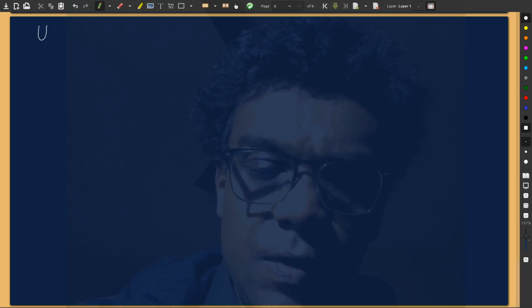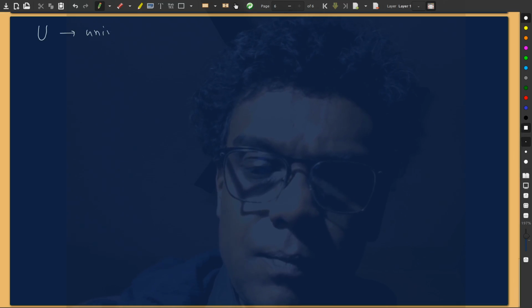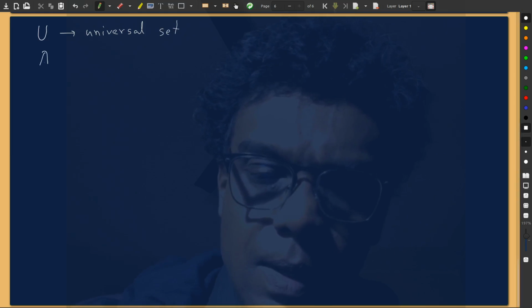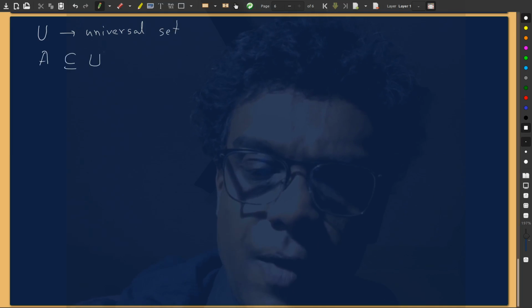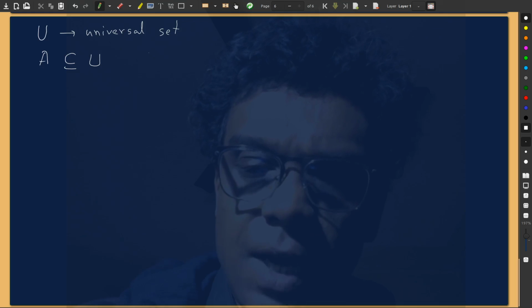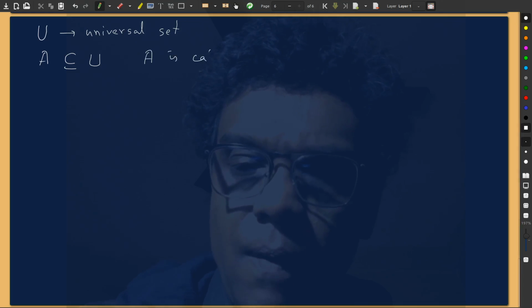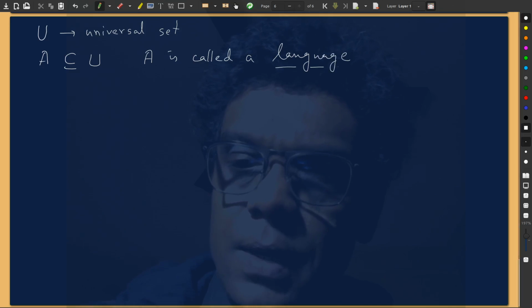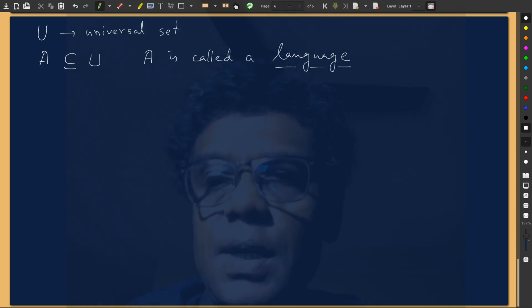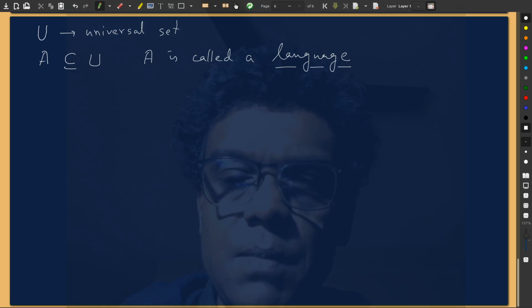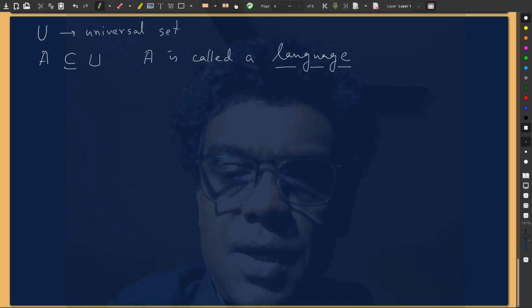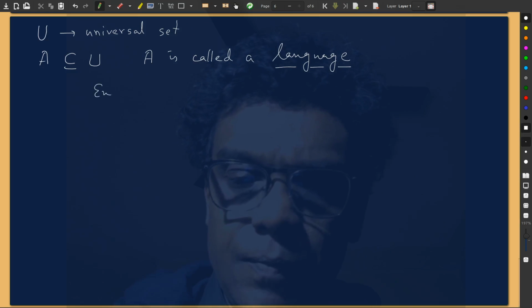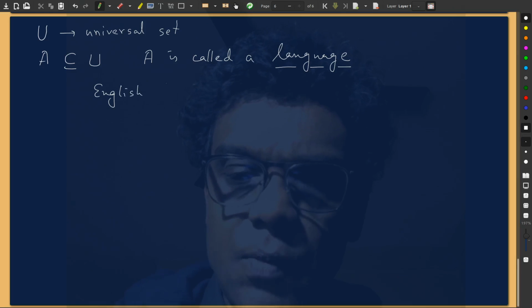So, U is the universal set. And A is a subset of U. For a reason, for the moment it's not clear, A is often called a language. Okay, this name may be a little bit problematic with this abstract introduction, but somewhat this is related to something like the English language, some human language like English.